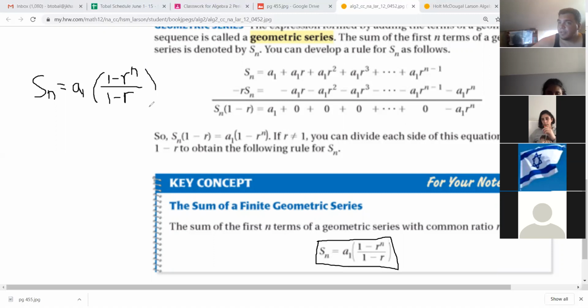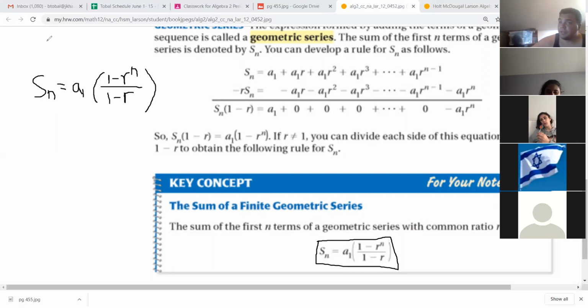But here's the equation. S of n, so the sum at the n step, it could be 10th step, 4th step, who knows, from a1 is 1 minus r to the n power over 1 minus r. Remember, r stands for the pattern. What is the rate, okay?